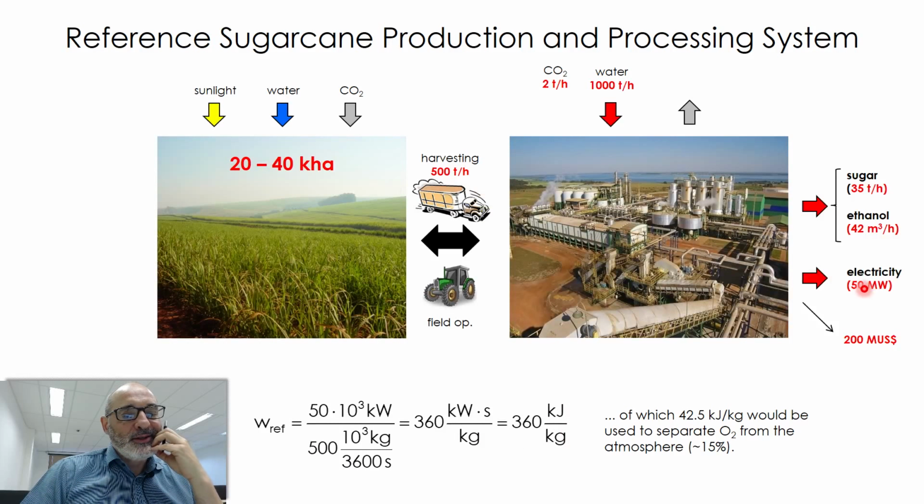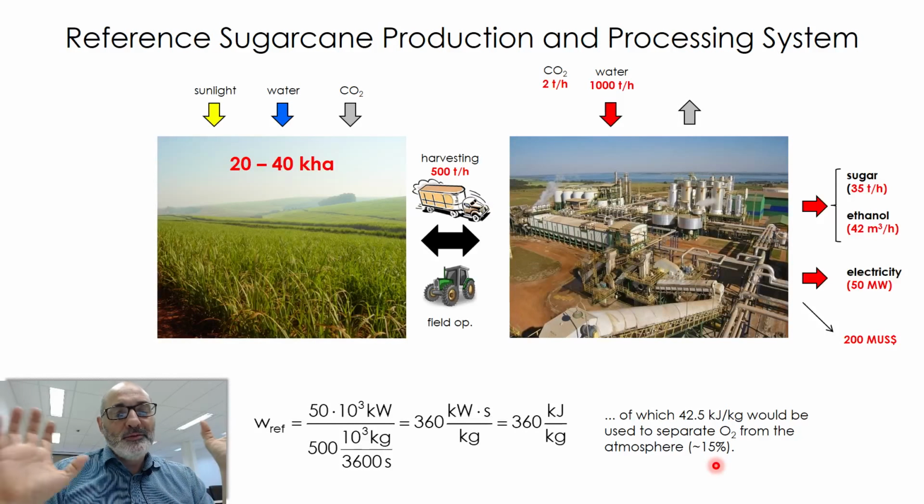That's our specific electricity production. I'm comparing 360 kilojoules per kilogram with 42.5, the minimum amount of work. It's a very promising number because it's only 15%.